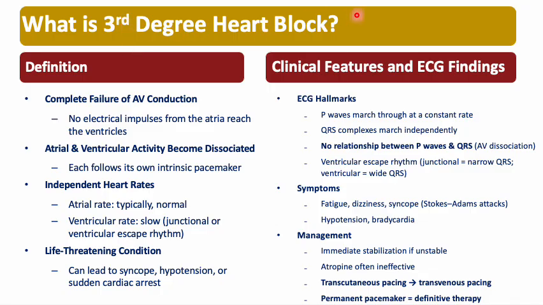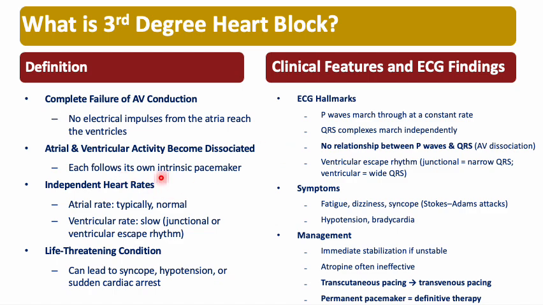So third degree heart block is complete failure of AV conduction. No electrical impulses from the atria reach the ventricle. The atria and the ventricle activity becomes dissociated, meaning they're just beating on their own, out of sync, with no signal from the other.